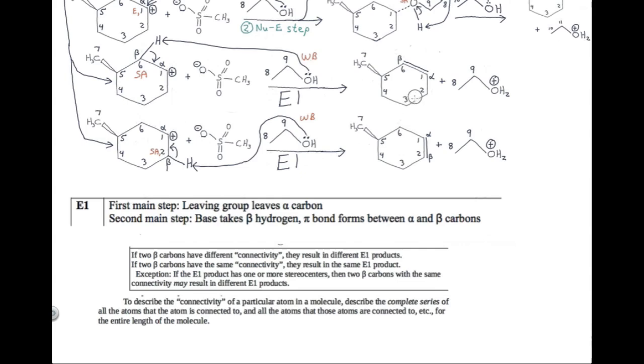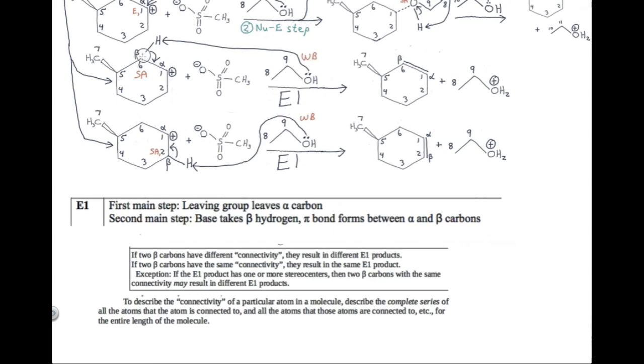We expected them to be different products because the two beta carbons have different connectivity. But remember, to see that they have different connectivity, it's not good enough just to look at the 4 atoms that are directly connected to the beta carbons. You have to think about the complete series of atoms that the atom is connected to through the entire length of the molecule.